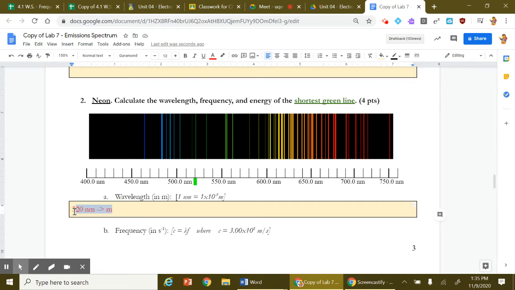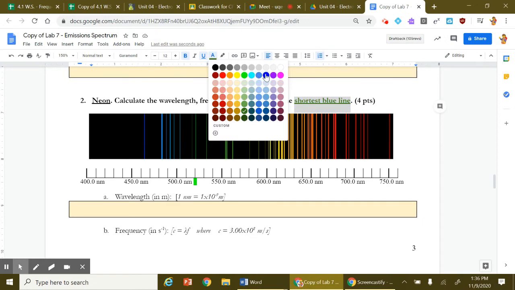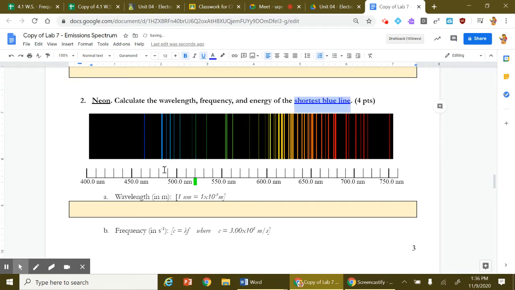Now, I'm not going to solve this problem for you. Instead, I'm just going to pretend that this problem was slightly differently phrased, and I'm going to ask you all to calculate the wavelength, frequency, and energy of the shortest blue line. This is just my sample here. I'm going to show you how this goes. The shortest blue line is over here.